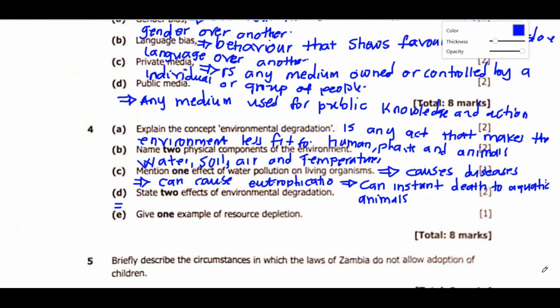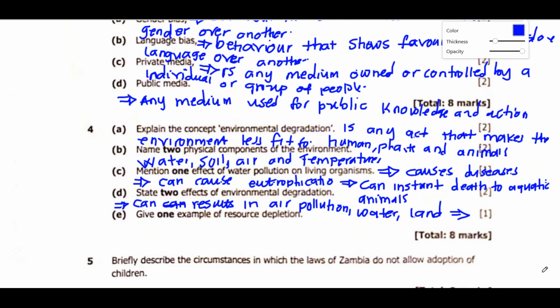Then question D, state 2 effects of environmental degradation. Number 1, degradation can result in air pollution, water pollution, even land pollution.